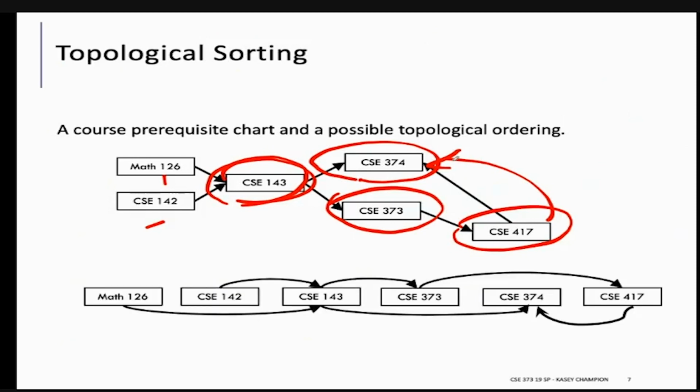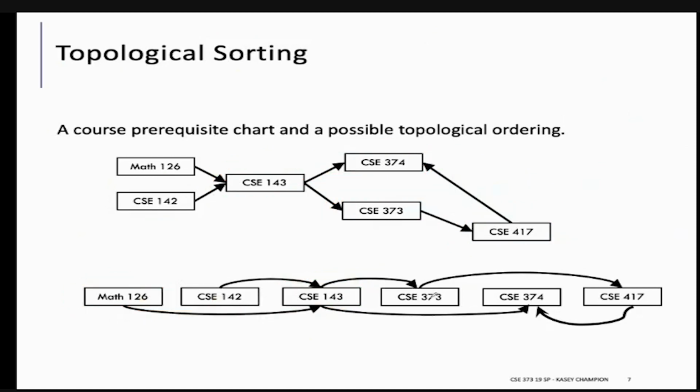So you can see that what we have done here is MATH 156 is done first. So after you have done this, you have no hindrance to do CSE 143 because the dependency is met. Then you will do 142, 143, 373, 374. But let's look at this edge.